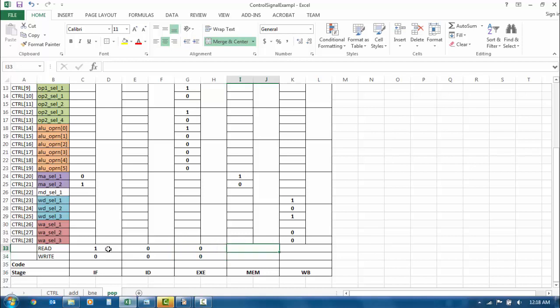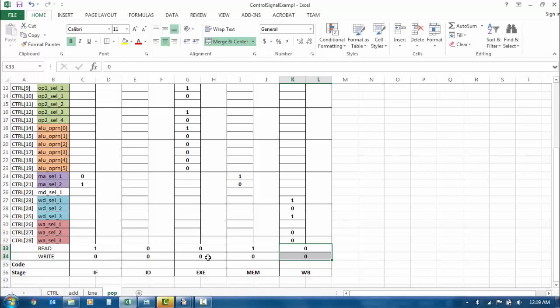So we want to make sure we are reading, and then in the write back we are holding the data. Our memory selection is important, and once the read is done, it is not important, so we don't care about the memory selection at this write back phase.